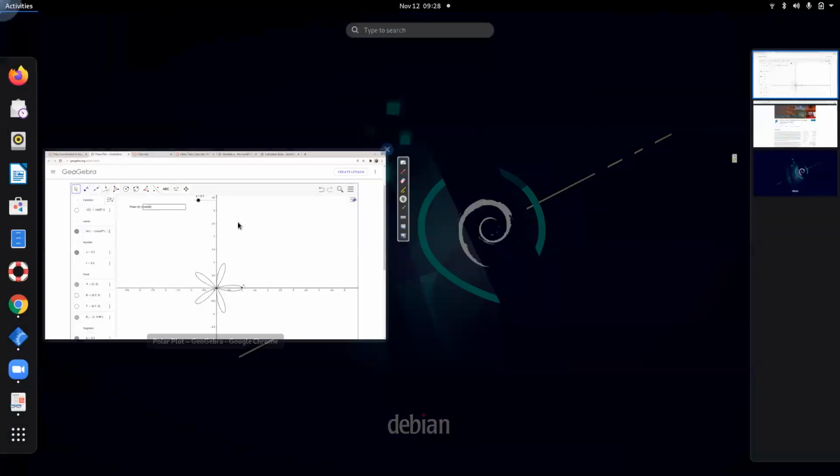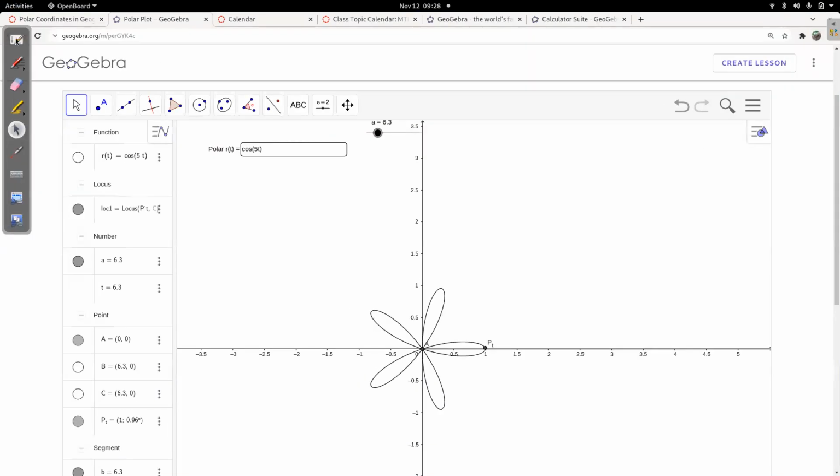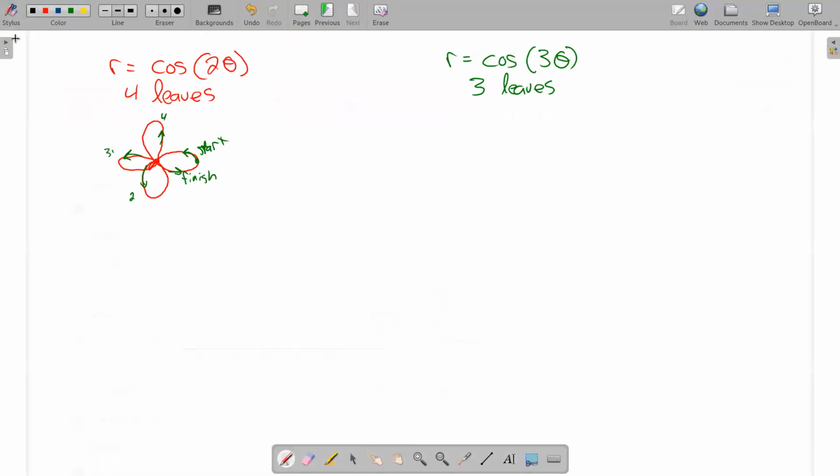All right. So there's a pattern going on here. If we graph r equals cosine of 4 theta, we get 8 leaves. If we were to graph, which we did, r equals cosine of 5 theta, we get 5 leaves.